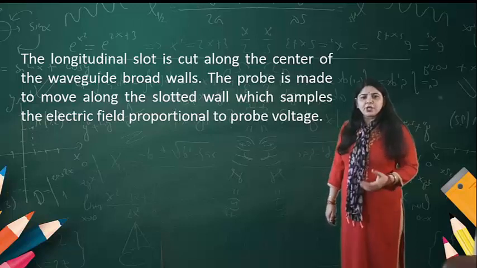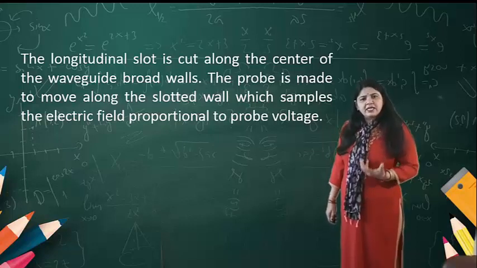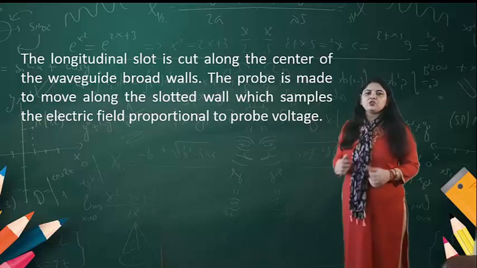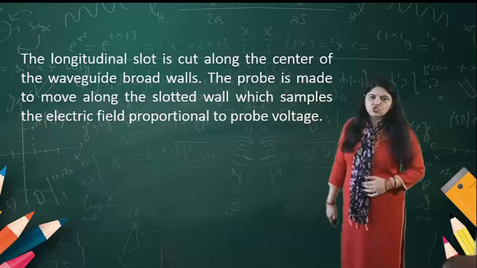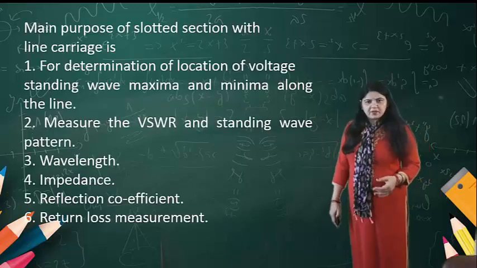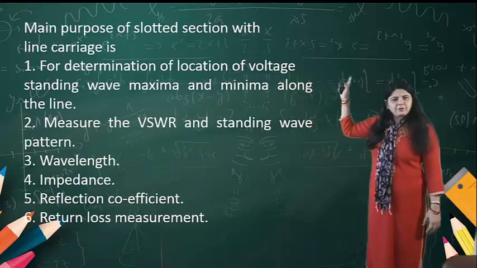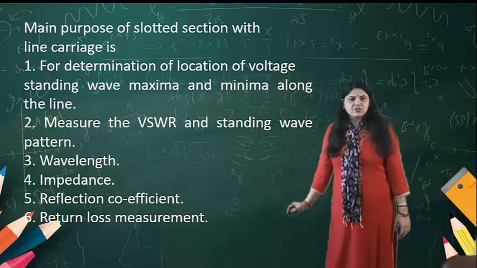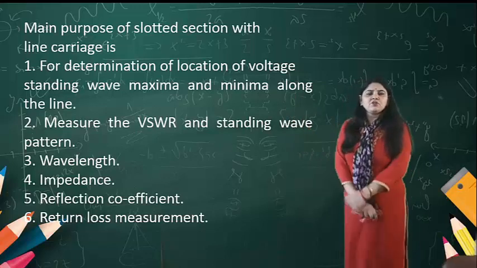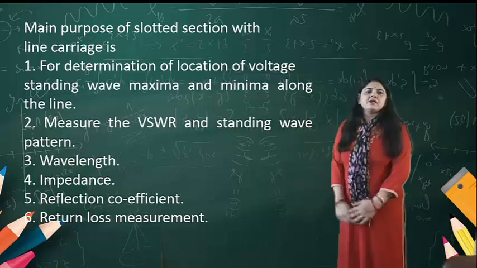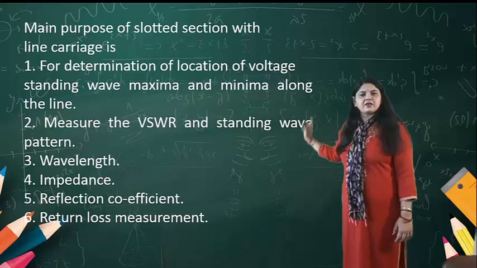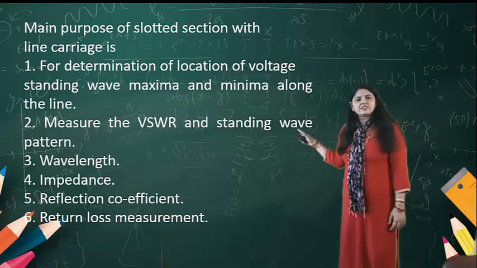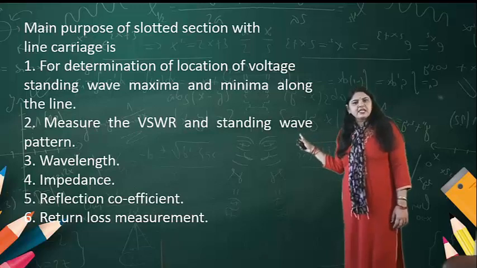Via this particular probe, we can also measure the electric field, which is proportional to the probe voltage. So these are the main purposes of the slotted line with the line carriage: determination of the location of the voltage standing wave maxima and minima along the line, and measuring the VSWR and the standing wave pattern.